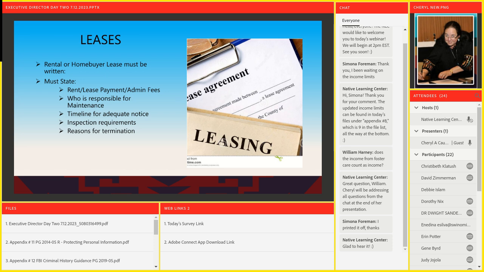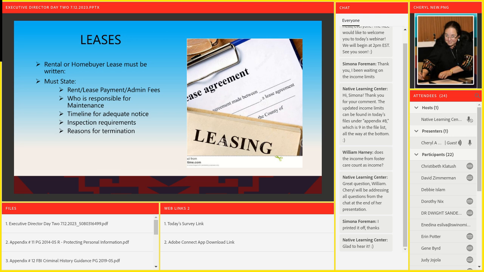So your leases, your rental and your home buyer lease must be written. They have to state rent, lease payment, administration fees, who's responsible for what maintenance, timelines. What do you consider timeline for adequate notice? Okay. Remember, business or calendar days, always specify. Inspection requirements, reasons for terminations.